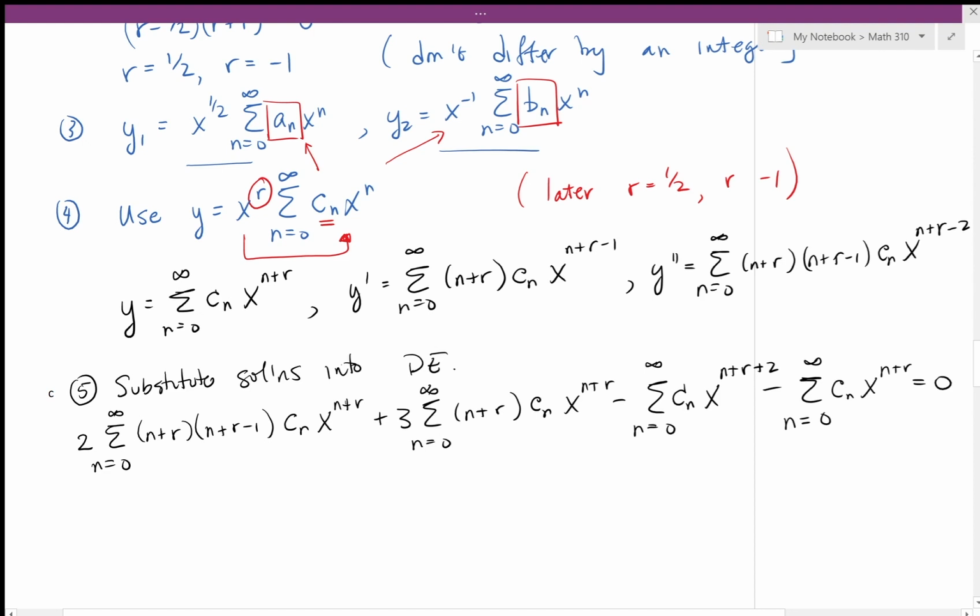So assure yourself that you can substitute y prime and y double prime into that original differential equation and get this expression here. Then what's the next step?